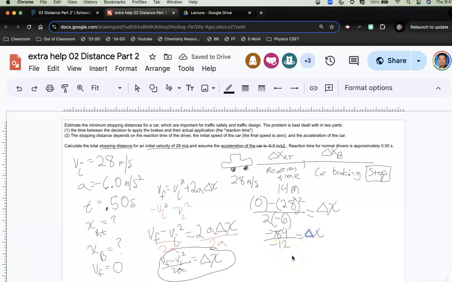Elijah, bring us home. What's -784 divided by -12? Okay, explain what has to be done. How does he multiply and divide negative numbers? Jimenez, you knew that too?